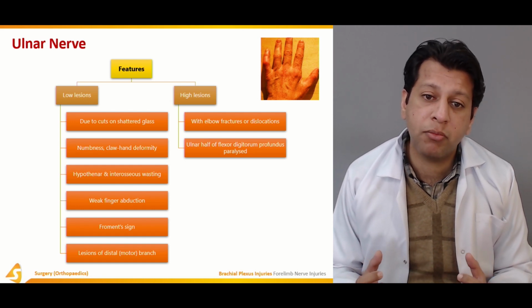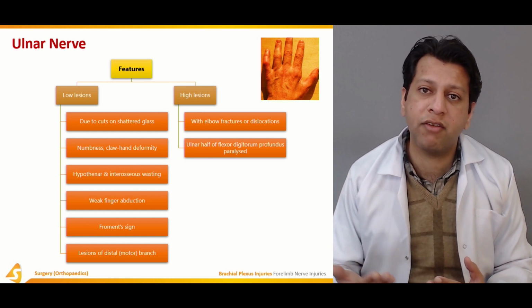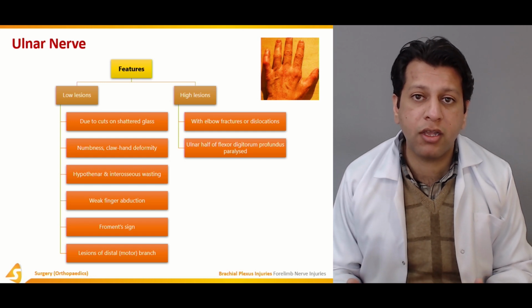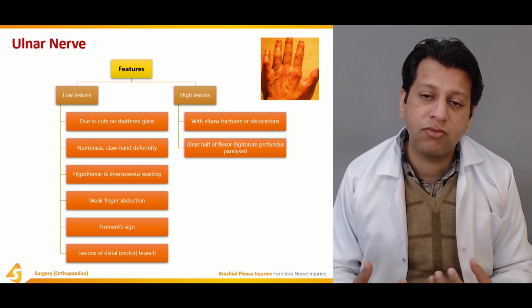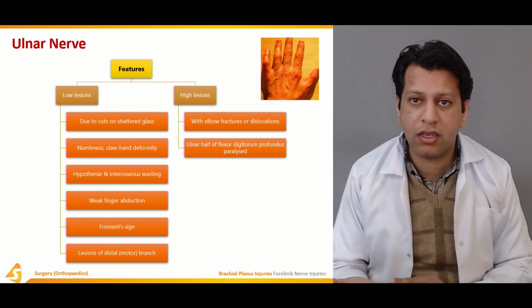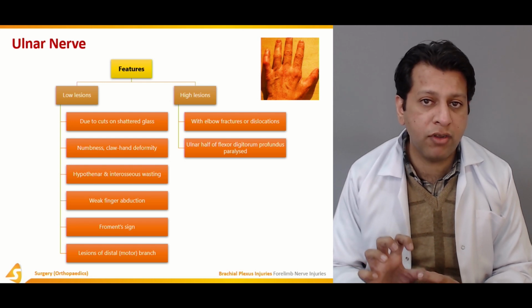So there's a term called the ulnar nerve paradox. Although high nerve lesions are more problematic and have a poor prognosis, the symptoms which appear are actually less severe. When there is a Guyon tunnel syndrome, that is the nerve is cut in the Guyon tunnel, this will lead to a severe form of claw hand deformity.